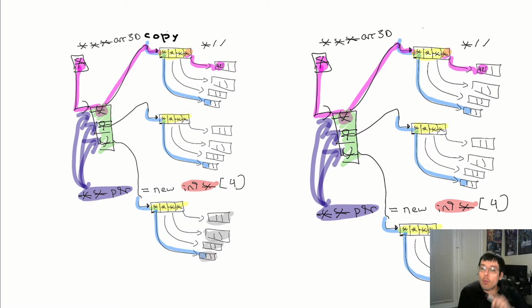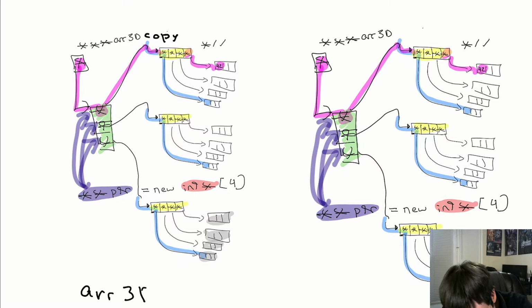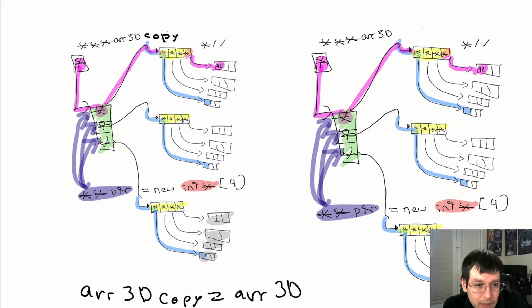So when I do the following line, AR3D copy gets AR3D, which is the way I did it, right? I didn't do it backwards. Yeah, I did do it right. What is happening is you're telling the computer, take the AR3D pointer and assign that address, because the pointer is an address, to the copy pointer, the address of whatever AR3D is pointing to.